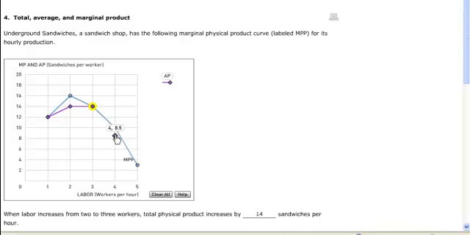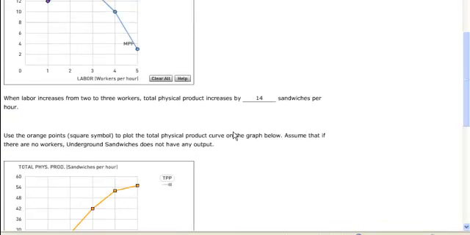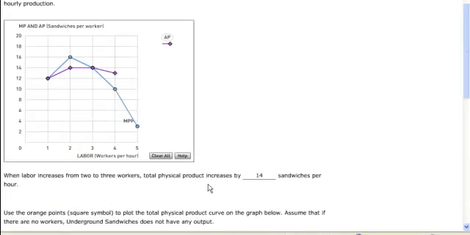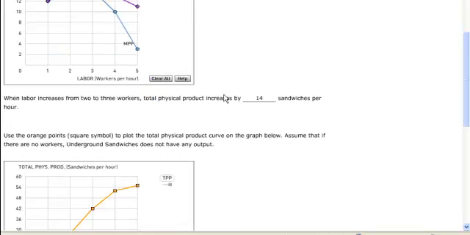So at 4, my average physical product is going to be 13. I have one more point to get, which is 5. At 5, my TPP is 55. 55 divided by the total number of workers, which is 5, gives me 11. So my average product is going to be (5, 11). So now I have a graph of my average product curve as well.